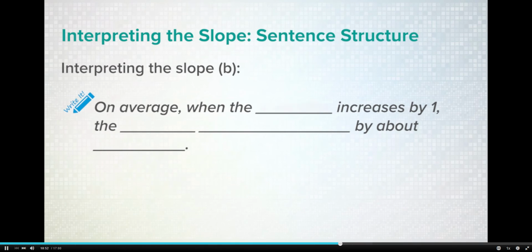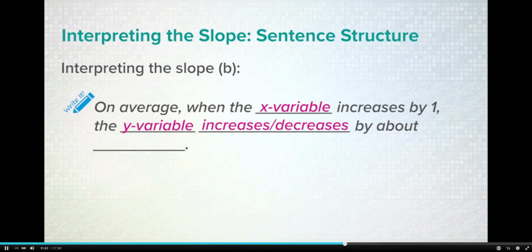On average, when the x variable increases by 1, the y variable in words increases or decreases depending on whether your dots are going up or down, by the value of b. b is whatever your calculator gave you as a slope, or whatever you're given as a slope of your least squares regression line.